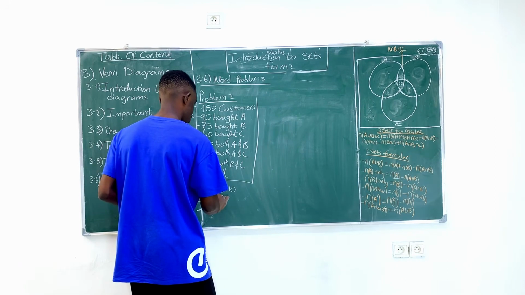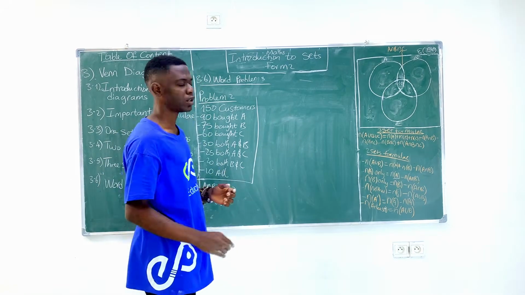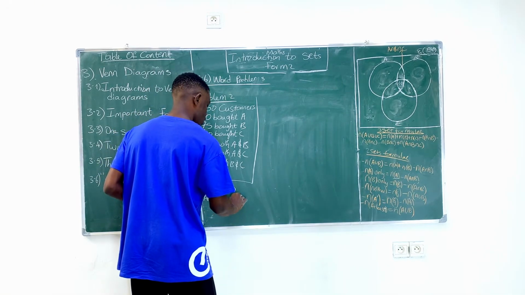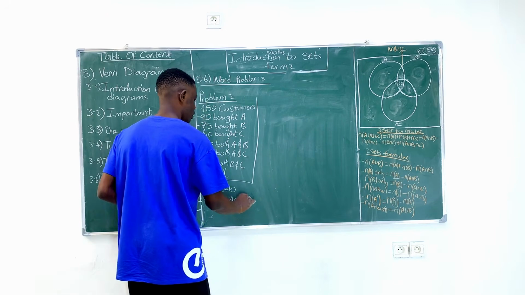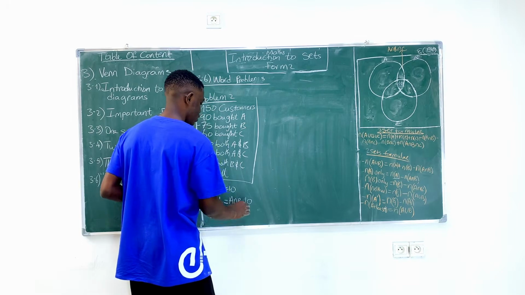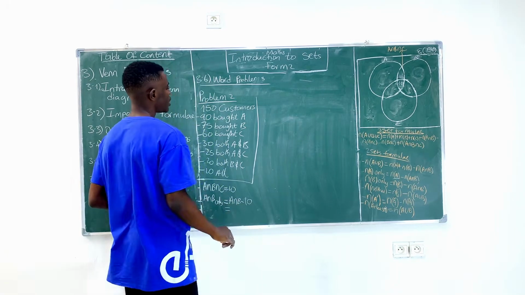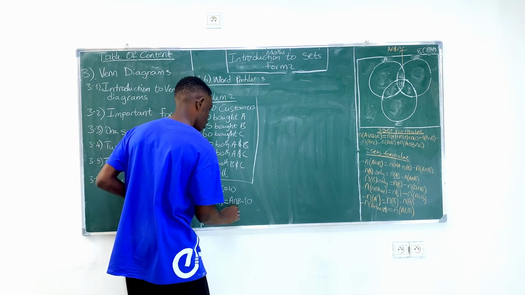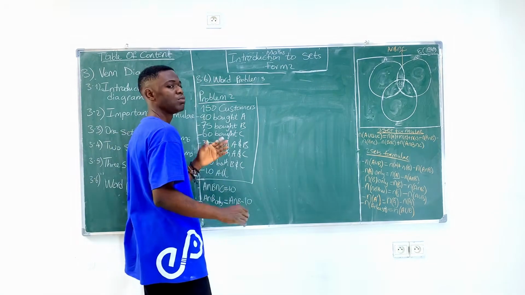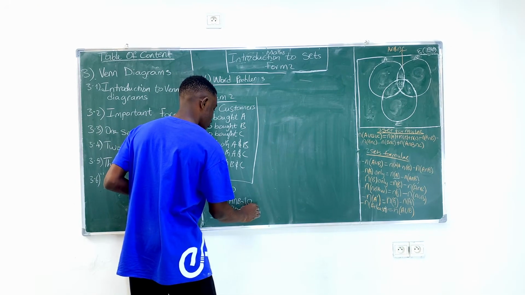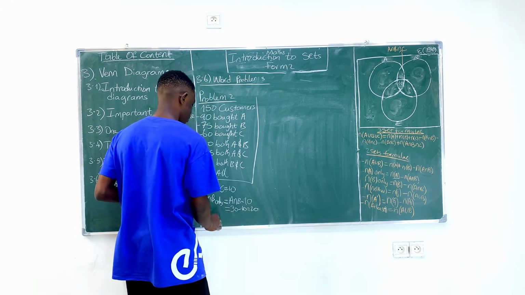So what is A intersection B only? This is A intersection B minus A intersection B intersection C, which is 10. What is A intersection B? A intersection B is where you see both A and B. That's 30. 30 minus 10 is what? 20.